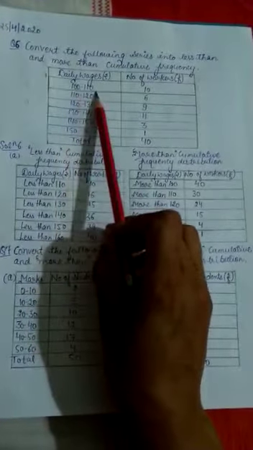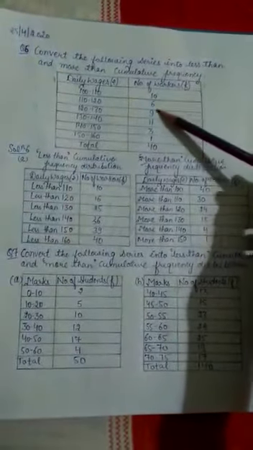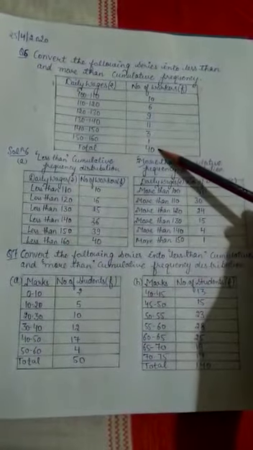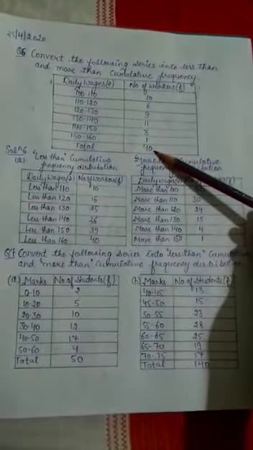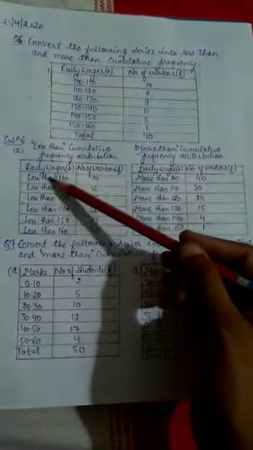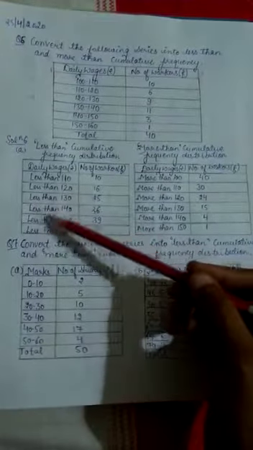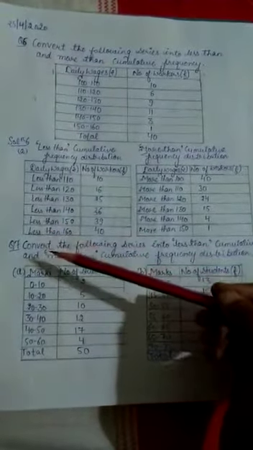As you are seeing in this table, 100 to 110, 110 to 120, 120 to 130, 130 to 140, 140 to 150, 150 to 160. These frequencies are given: 10, 6, 9, 11, 3 and 1, and the total is 40. So when we convert into less than cumulative frequency distribution, we always write one word, that is less than.